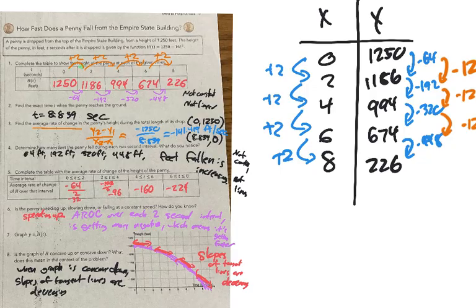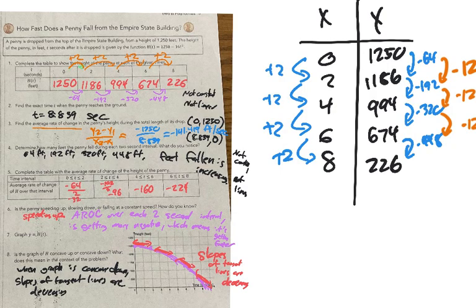Meaning the rate of change of the rate of change of the rate of change would be, if I did it again, 0.